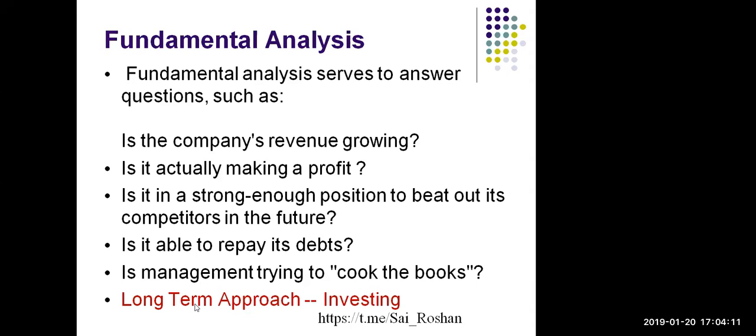And is management trying to cook the books, or is it a fair management who have a good potential to take the company to higher levels? So basically, all these form a part of the fundamental analysis, okay, which we will not be doing, and we are basically technical analysts, as you know. And this is basically a long-term approach. You want to invest for a period of many years, so people do this kind of fundamental analysis. So basically, it's meant for long-term investing.